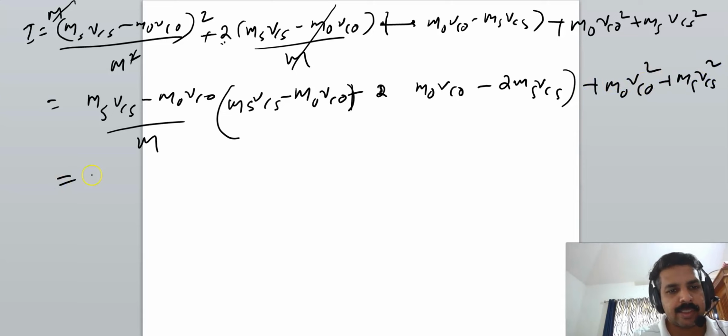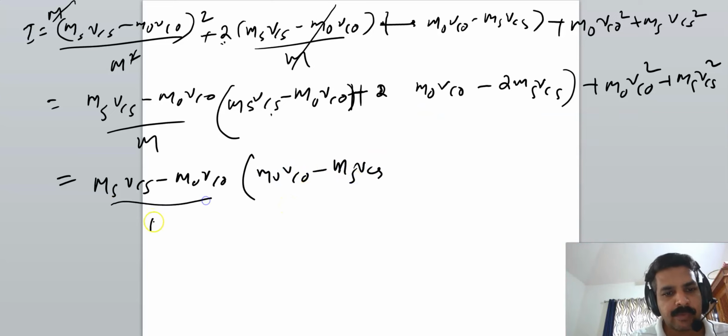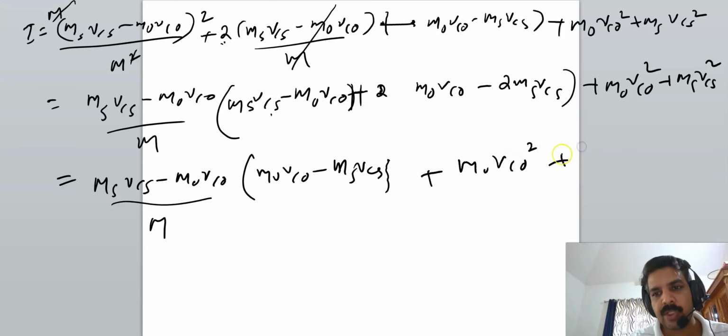This we can write as (MSRCS minus MORCO). Here MSRCS is here, 2 MSRCS, and MORCO, this term is plus 2 MORCO. So 1 MORCO minus MSRCS, divided by M is here, plus MORCO square plus MSRCS square.